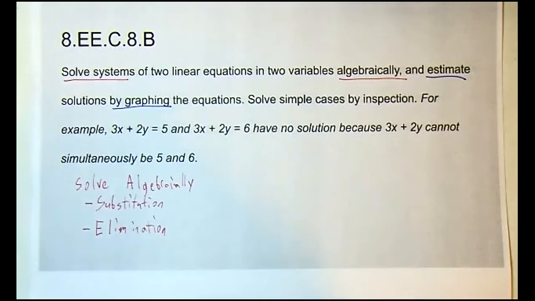Now, when it says estimate by graphing, what it means is, hey, if you graph it, see where they touch. And that's going to give you an estimate of what the answer is. It might not be totally correct. So that's going back to this right here. Let me share you the screen.